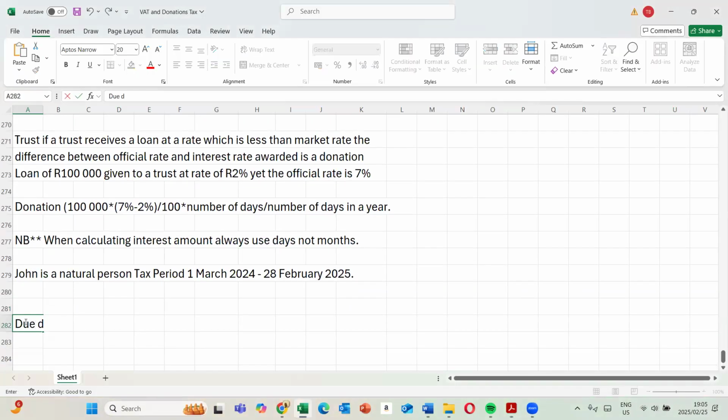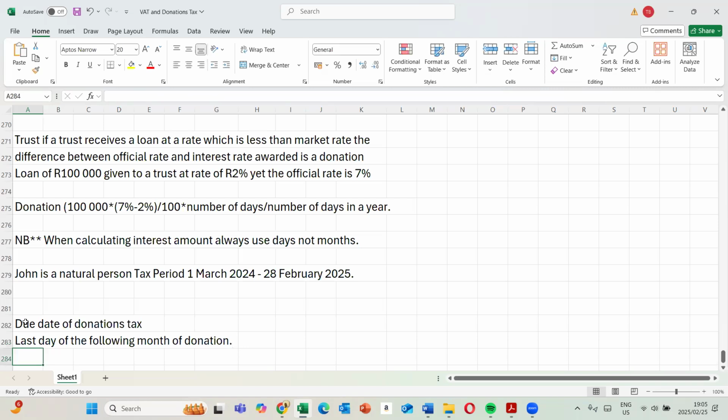Due date of donations tax: donations tax is due on the last day of the following month of donation. That's what we said. So if you make a donation today, 25 February 2025, that means you're required to have paid donations tax by 31 March 2025. That's what it means.